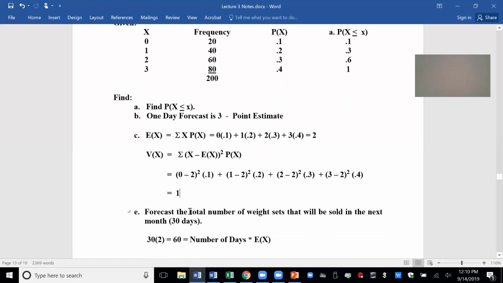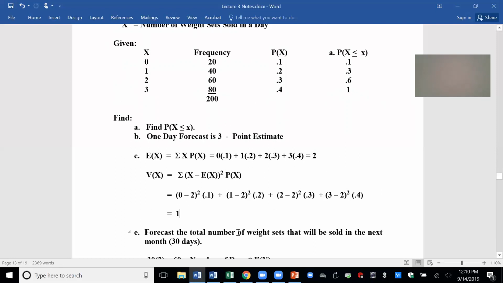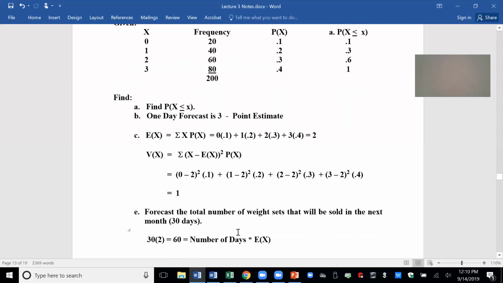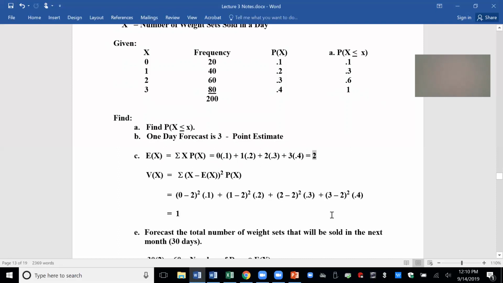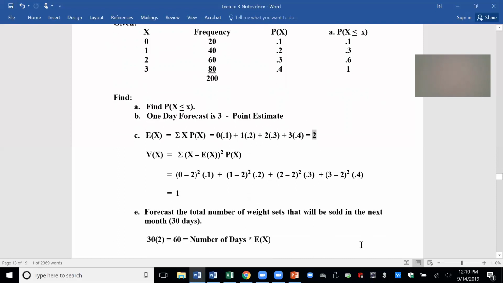If you ask me to forecast the total number of weight sets sold over the next 30 days, on each individual day, I'd guess 3. But if you ask me to guess the sum of 30 days, I'm going to say, okay, expected value, come on down. Now you give me multiple days' demand, and I'm going to invoke the law of large numbers and say, we got 30 days, and they're going to average 2 per day.